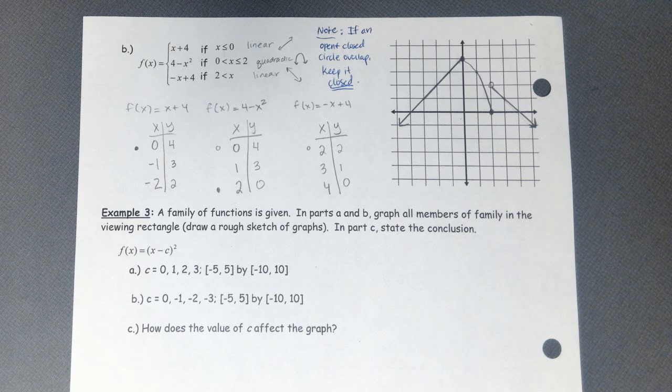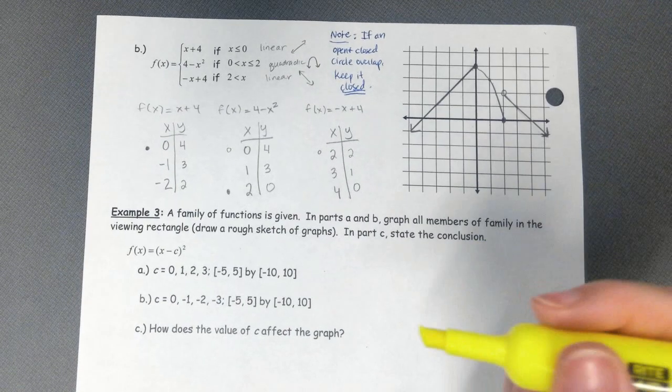Okay, and then we're gonna go back to the graphing calculator for example 3. And you are going to be given a family of functions, and you are going to graph all the members of the family in the viewing rectangle. We're just going to draw a rough sketch of those graphs, and then for part C, we're going to state the conclusion.